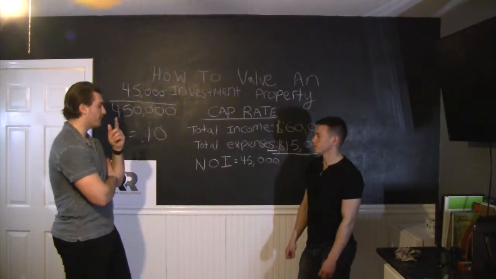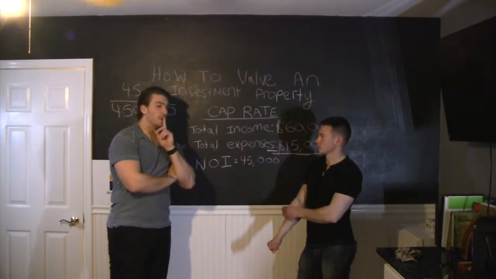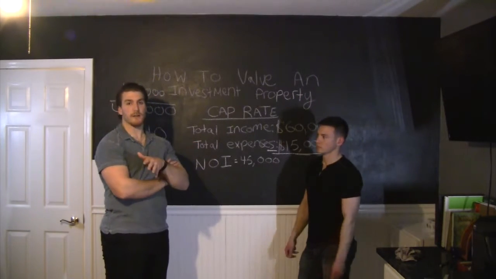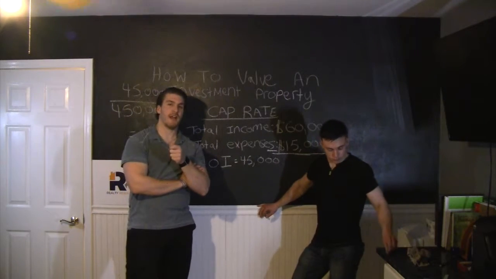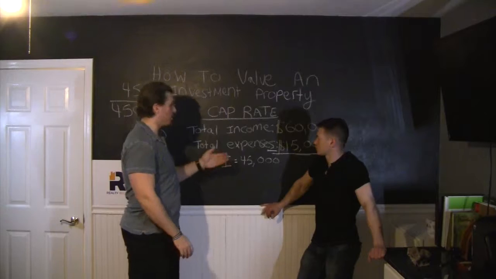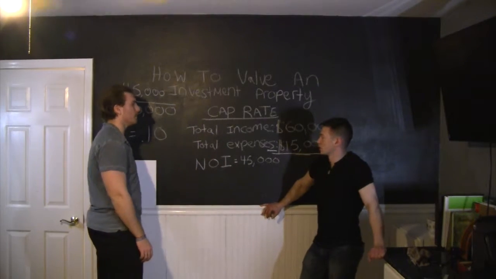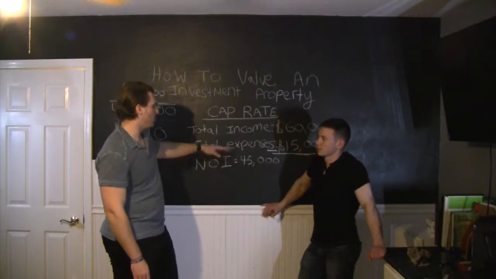Right, and you just reminded me of a really good point, which is each number has a story. Okay, what I mean by that is it's very important that you don't just look at, the total expenses are $15,000, the total income is $60,000. Look into this and say, well, wait a second.